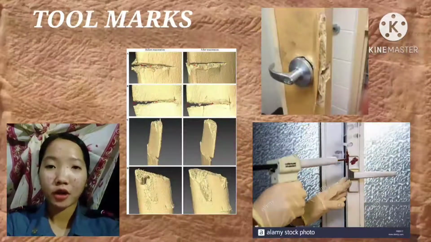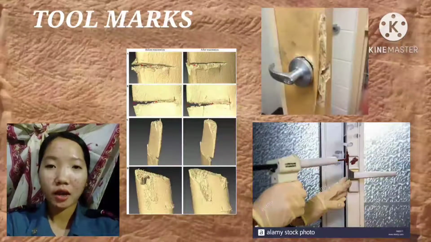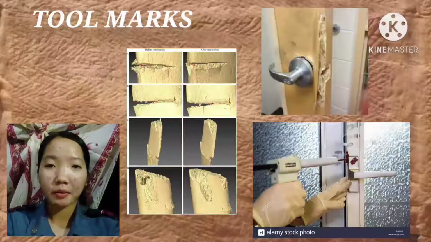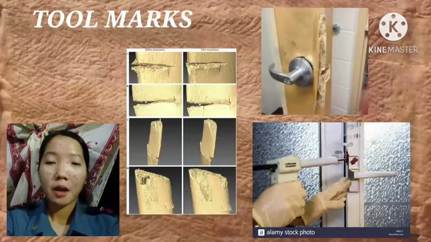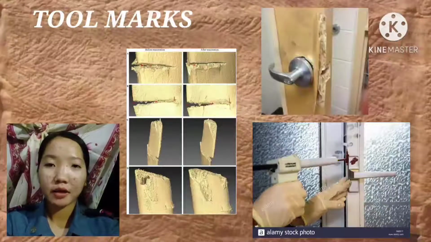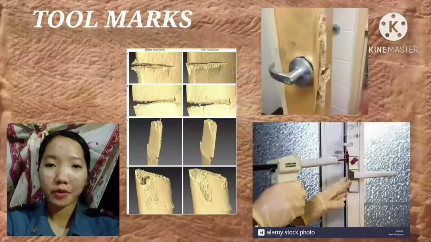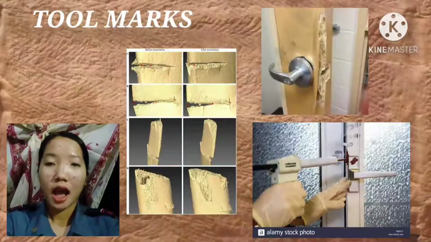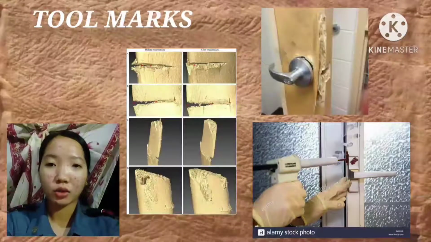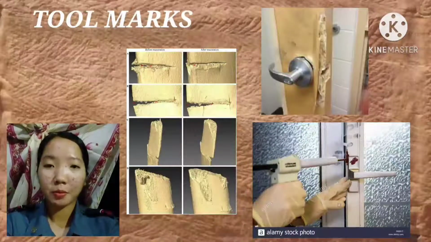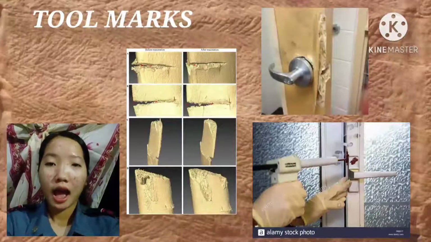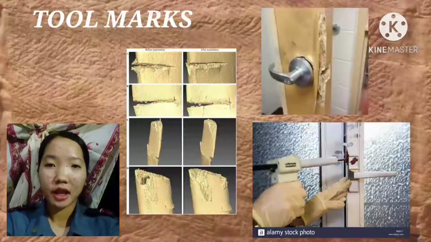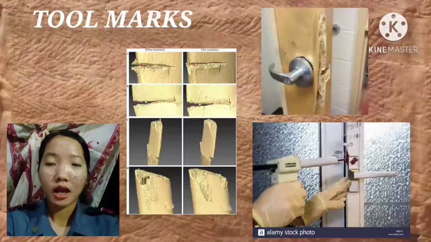For example, kapag ang magnanakaw ay gumamit ng pry bar para makapasok sa isang bahay or sa isang property, ang marks na naiwan sa tool or sa object ng door frame ay direct evidence sa presence ng tool na ginamit sa isang crime scene.